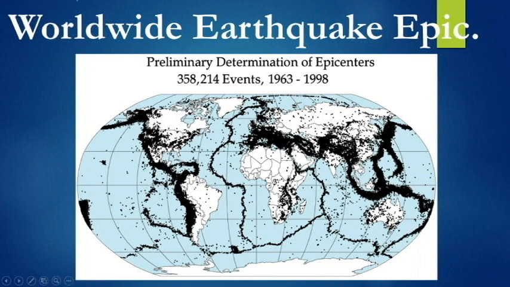We've seen these maps before. I'll show you one more. This is 358,000 earthquake events from 1962 to 1998. I hope it's abundantly clear where the plate boundaries are, because the earthquakes are really showing that very nicely.